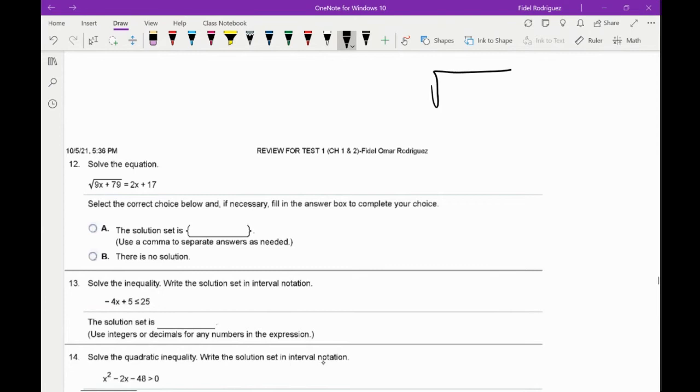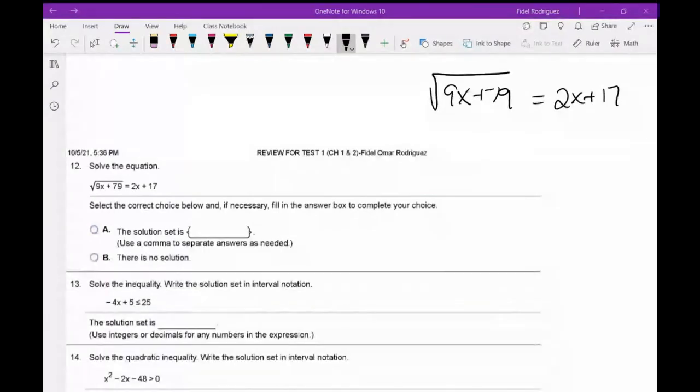So guys, number 12, what I have here, and I know that my problem probably looks a little bit different from yours. Before I go on to do number 12, let me show you all something real quick. Let me pull this up. Here we go. I'm going to stop sharing this part because I want to share something else.